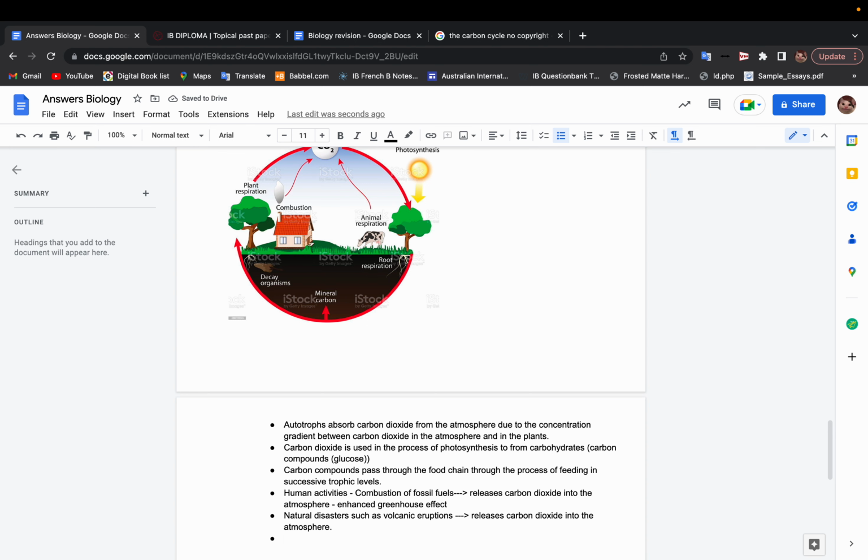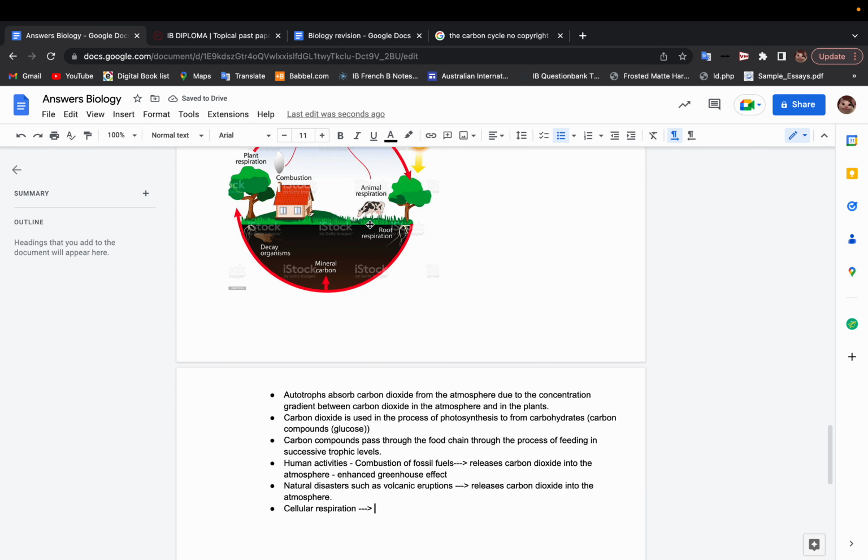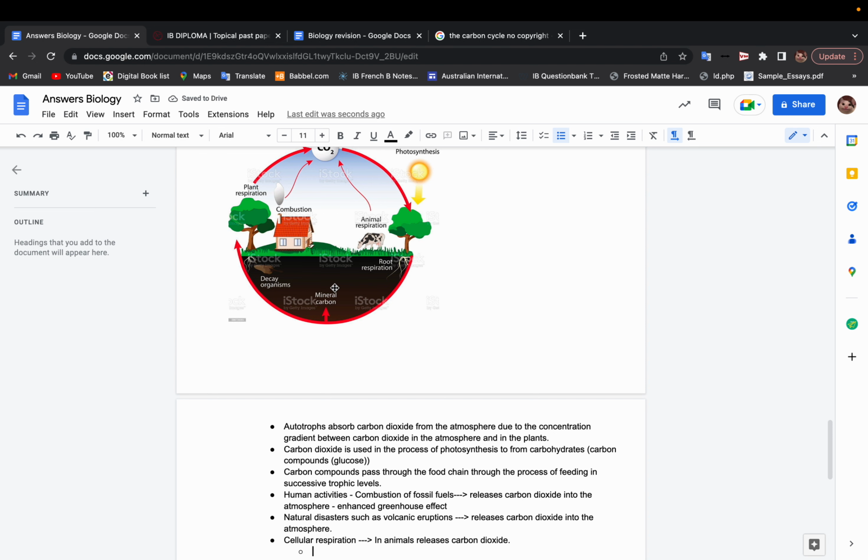Now, next we can talk about respiration, cellular respiration, and this comes in many forms. You have respiration in animals, which releases carbon dioxide, but you can also have respiration from the decay of organisms.